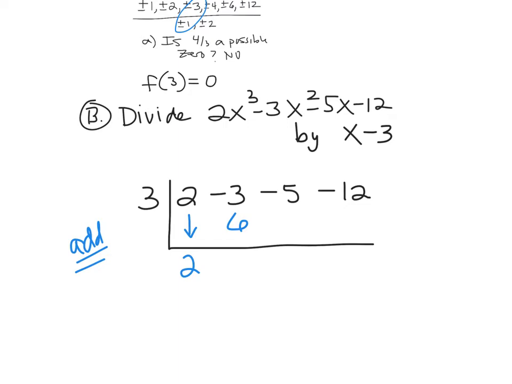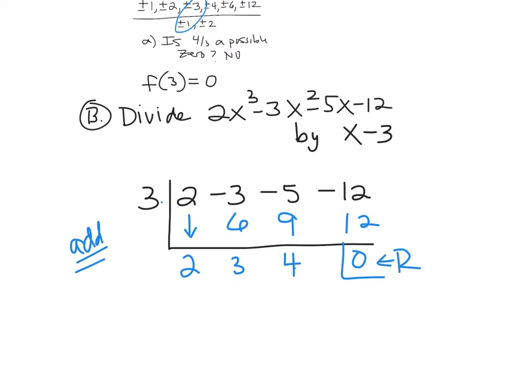So then I get 3. 3 times 3 is 9. And then I add my column. Negative 5 plus 9 is 4. And I do 4 times 3 is 12. And my remainder is 0. Yay. So this right here will always be your remainder.